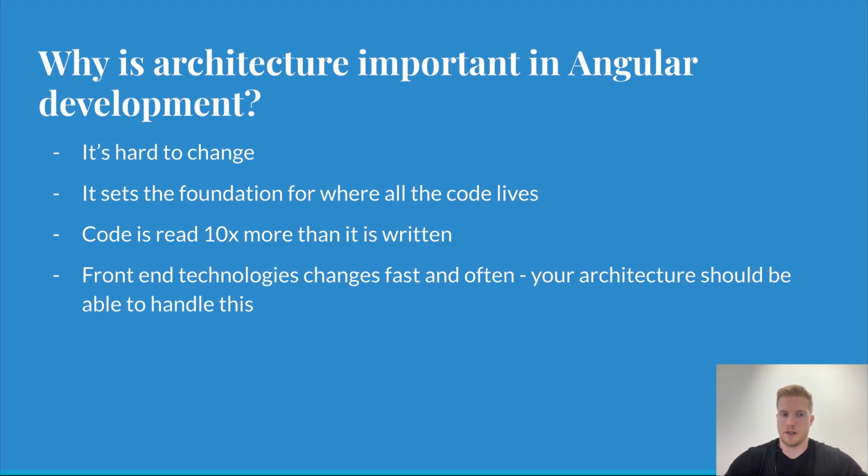And especially in the front-end landscape, technologies change really fast. One moment it's RxJS, then it's Signals, then it's this new state management library. Your architecture should accommodate all these changes and be able to handle them without you needing to rewrite anything. So you have to keep this in mind.